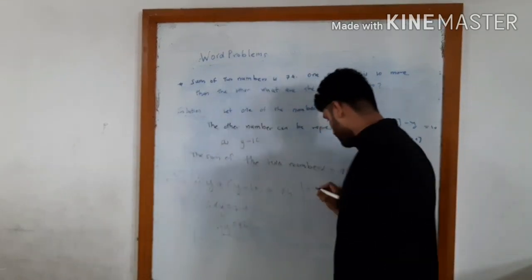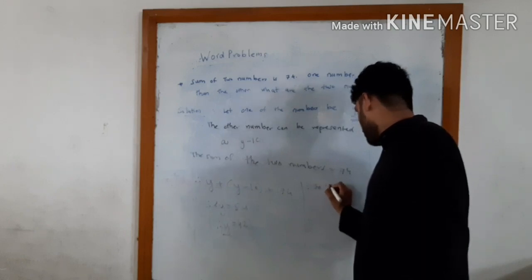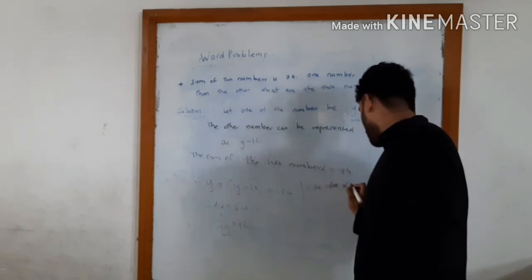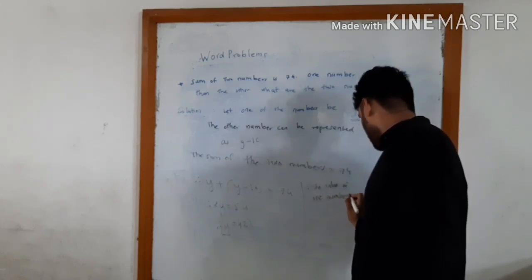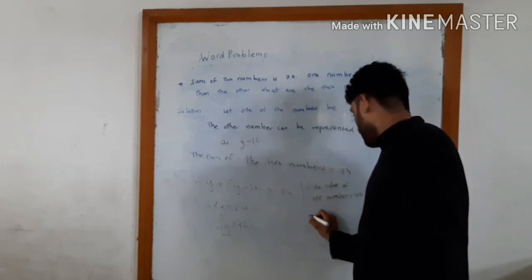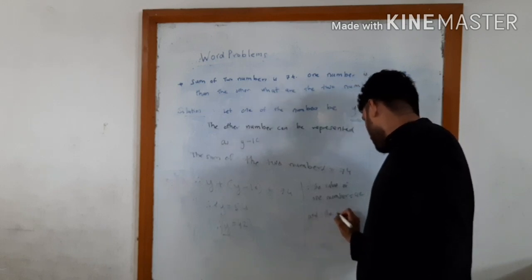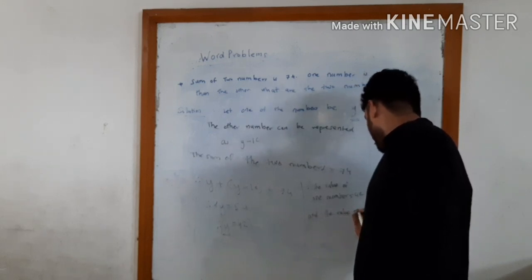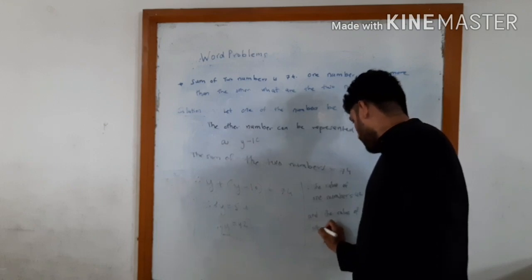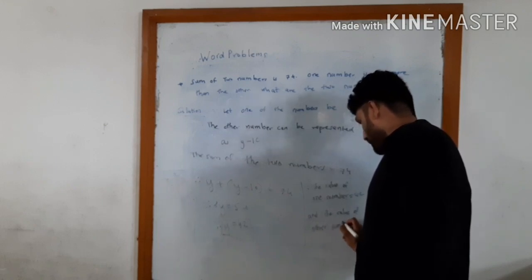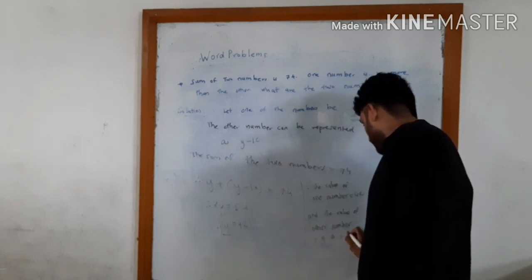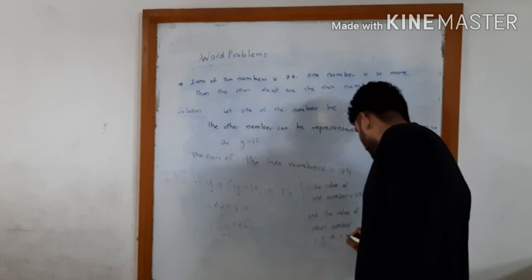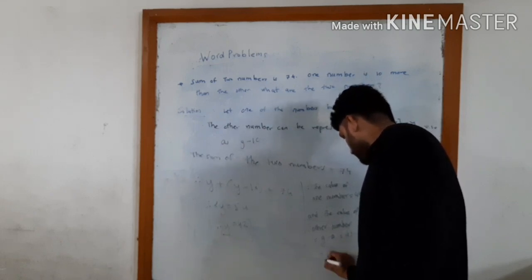Therefore, the value of one number is 42 and the value of the other number is y minus 10, which is 42 minus 10, which is 32.